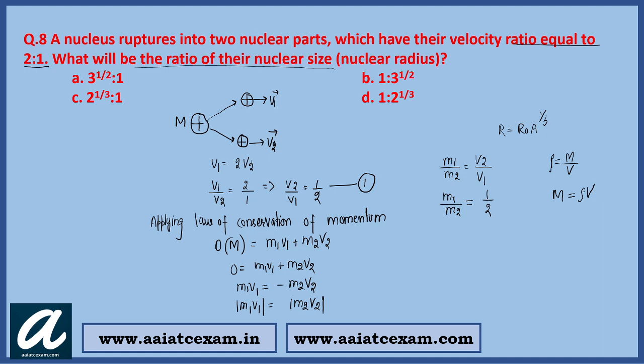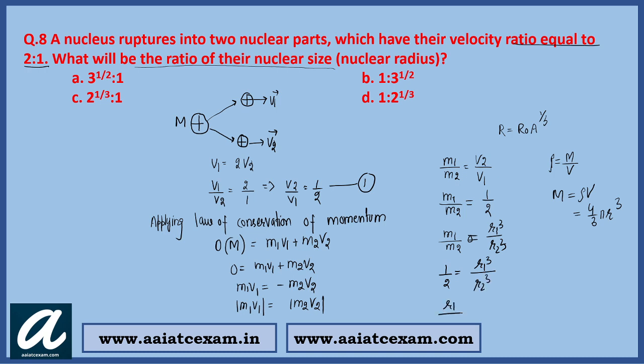So I will say that the mass of the first particle by mass of the second particle will be proportional to volume, and volume is equal to 4 by 3 pi r cube. So it should be equal to r1 cube by r2 cube. Now m1 by m2 is 1 by 2 students. This should be equal to r1 cube by r2 cube.